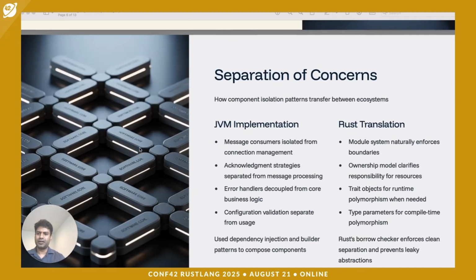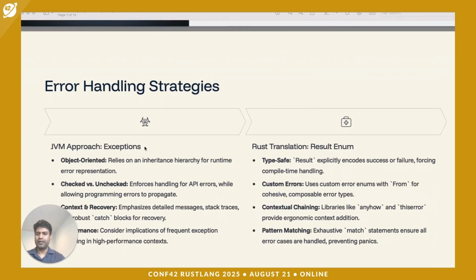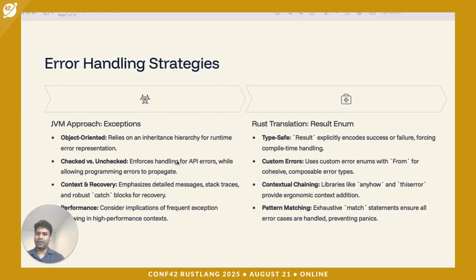Now, let's come to the error handling strategies. We need separate approaches for both the Rust translation and the JVM. For the JVM approach, as it is object-oriented and relies on hierarchy and inheritance, we wanted to follow the same. So we have created checked and unchecked exceptions, thrown and caught everywhere for the errors to propagate.